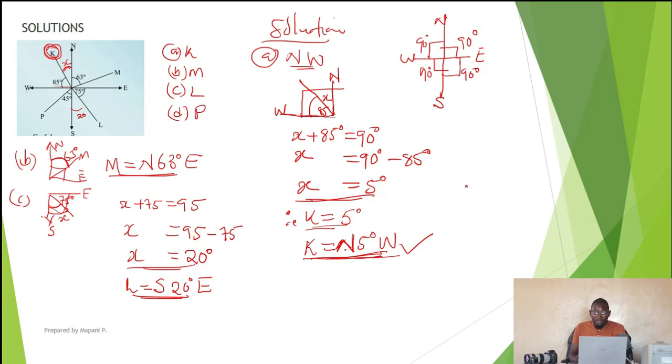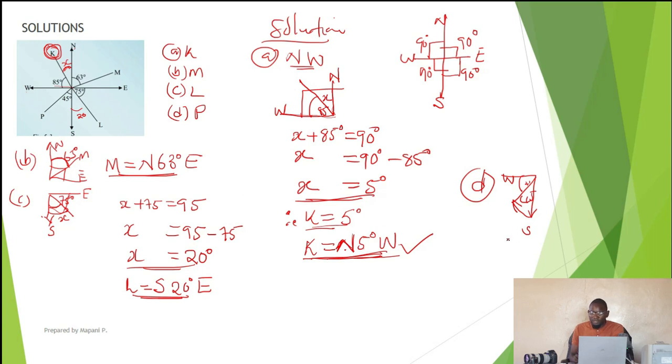So let us look at the last one. The last one, we have this, which is also 90 degrees, south and west. So we've been given 45. Then we don't know this one. So this one has to be measured from south as well. So this is also direct.